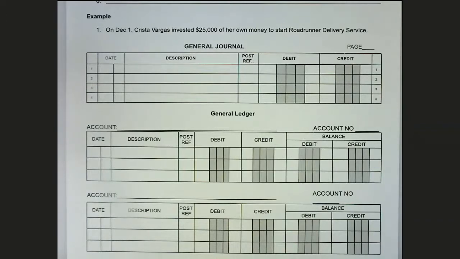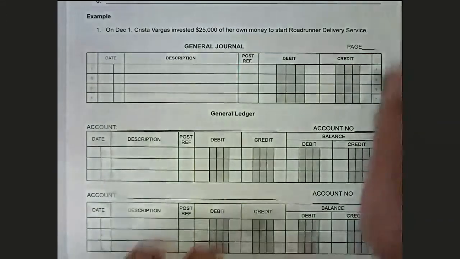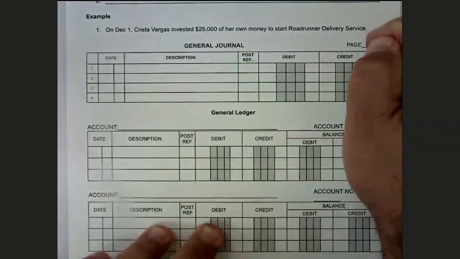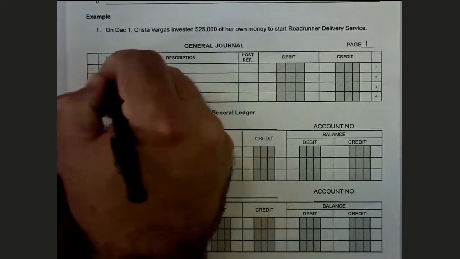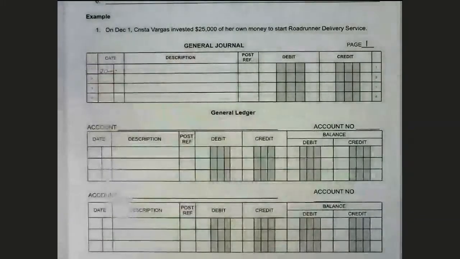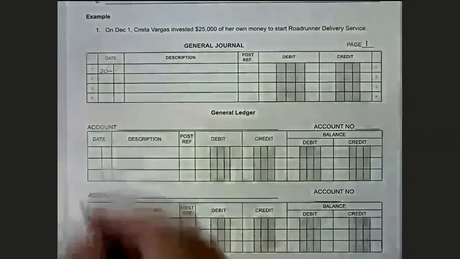So we're going to start on page 1 here of the general journal. Our example is an age-old example of the owner, Krista Vargas, investing $25,000 into the business. We'll do all the formal beginning things with the year, just to show you.